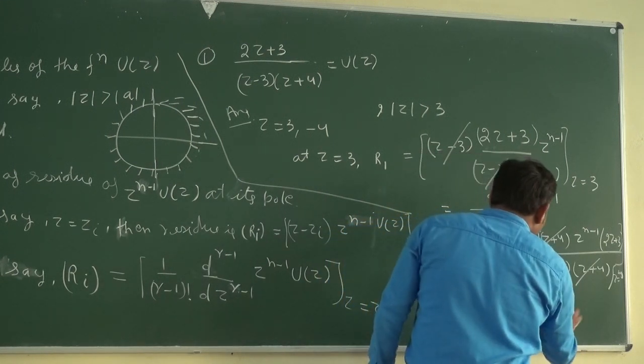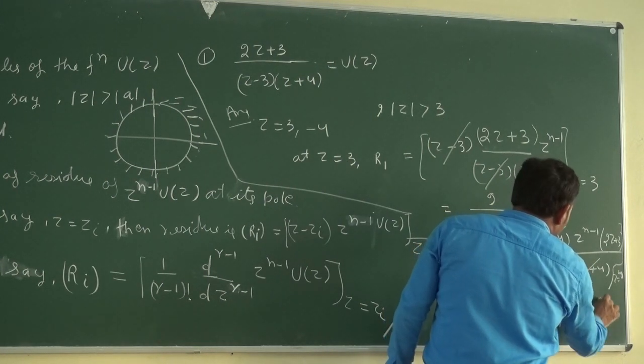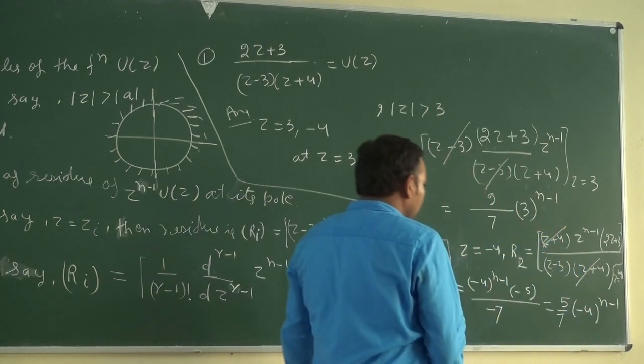So you can say here 5 upon 7 times minus 4 to the power n minus 1.